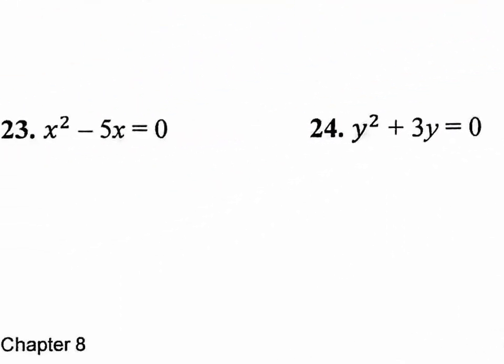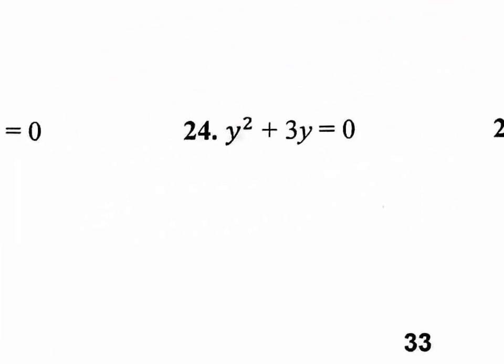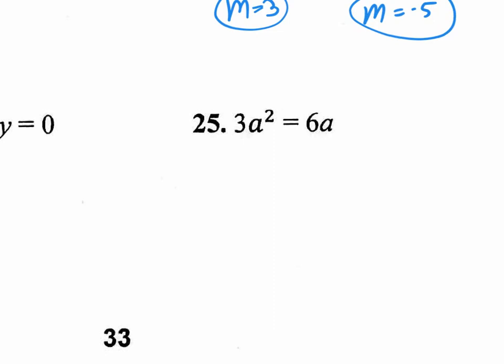Now down here, 23, 24, 25, those are a little bit more interesting. Because you have to get that multiplication first, which means you have to be able to first set it equal to 0 and then factor it so you could split it and solve. So on number 25, even if you were in semester 1, you would be thinking, okay, I want to get a by itself on one side.